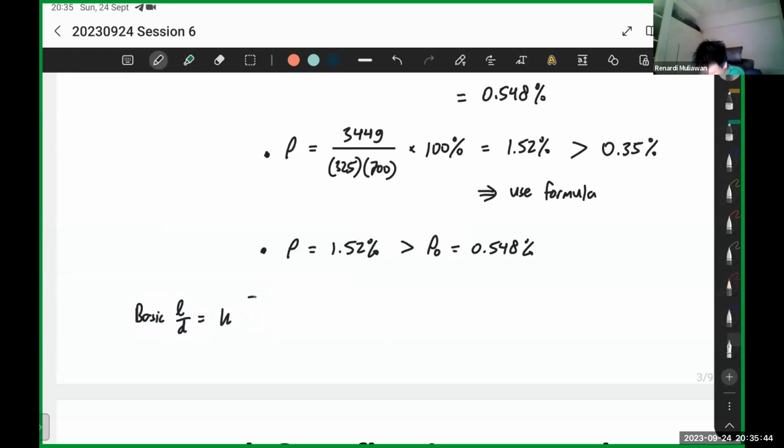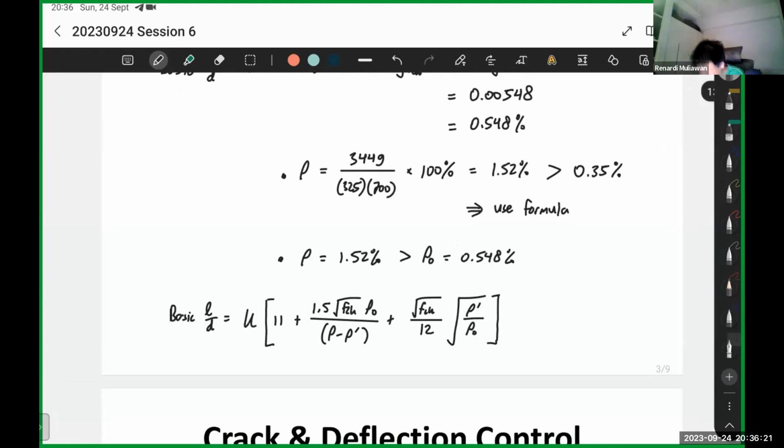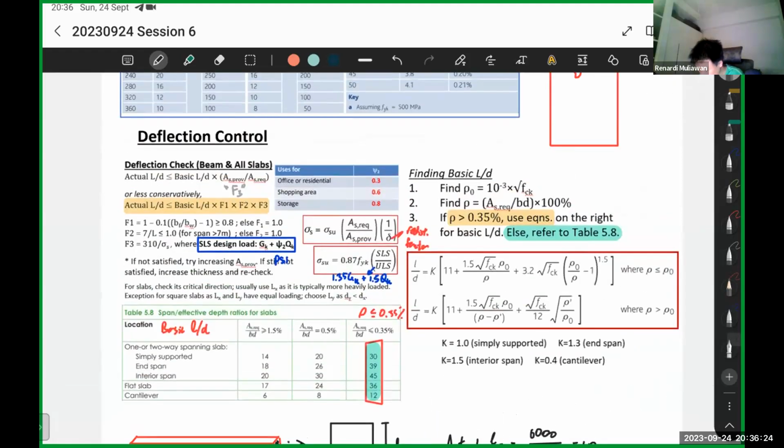It's supposed to be K multiplied by 11 plus 1.5 square root of FCK rho 0 divided by rho minus rho prime, plus square root of FCK divided by 12 square root of rho prime divided by rho 0. So here's the formula, based on this.